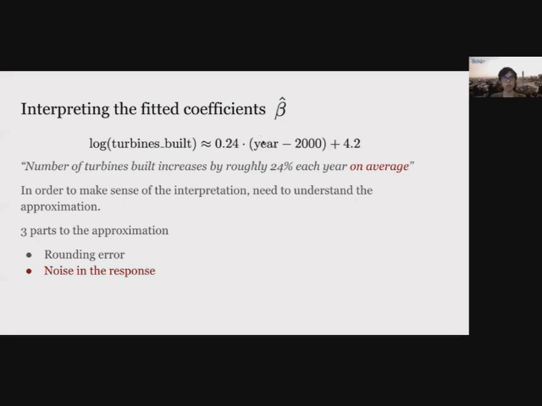In some years, there might be a bigger increase in the number of turbines. In other years, there might be less, just because of pure chance. This is under the GLM model. So this contributes to the approximation, but in some sense, we have already accounted for this by tagging on the words "on average" at the end of this sentence. Once we take an expectation over that randomness in the response, then we remove that.